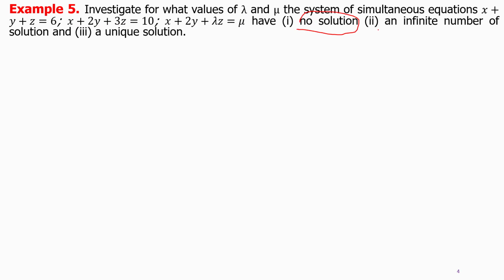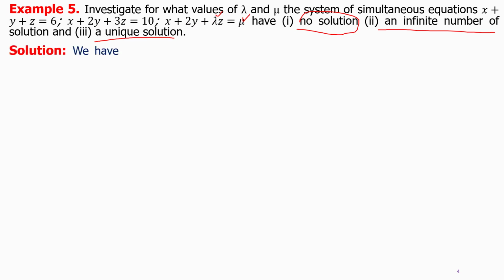If they overlap each other, then we will get an infinite number of solutions. And if they intersect only at one point, then we get a unique solution. So in this example, for which values of lambda and mu does the system have no solution, an infinite number of solutions, and a unique solution.